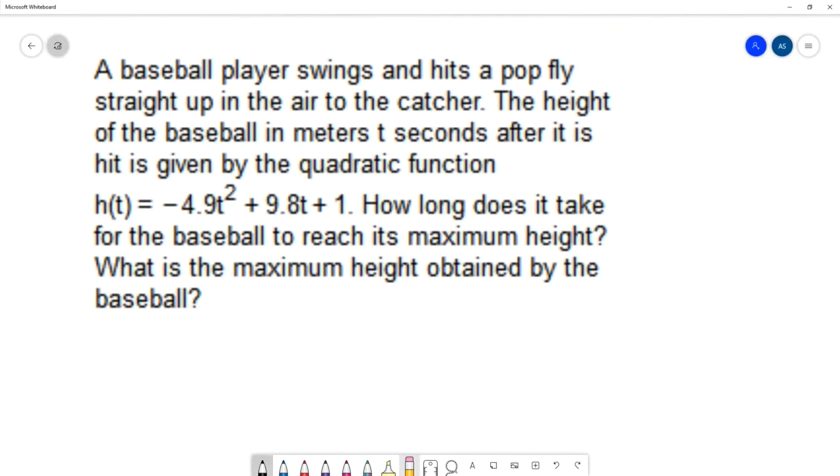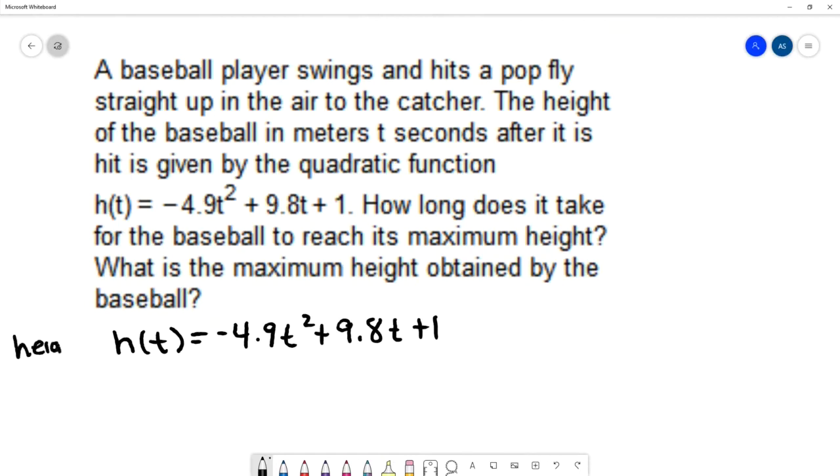So we're given that this h of t equals negative 4.9 t squared plus 9.8 t plus 1 will tell us the height of the ball. So this is going to tell us the height, and the t stands for time.